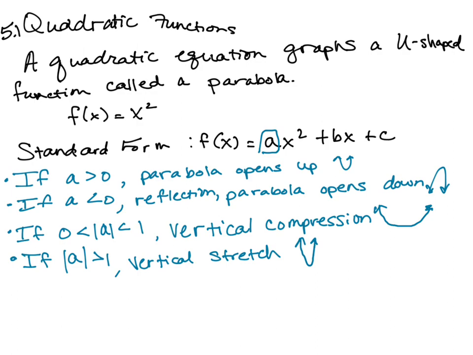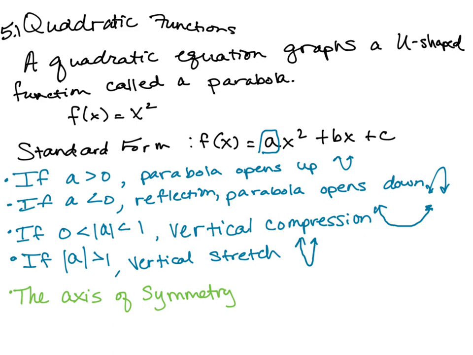The next thing that I want to talk about is called the axis of symmetry. Anybody know a good solid definition for axis of symmetry? Both sides are mirrored? Good. This is the dividing line in the parabola that splits it into two symmetric pieces. We're going to label that in just a minute.